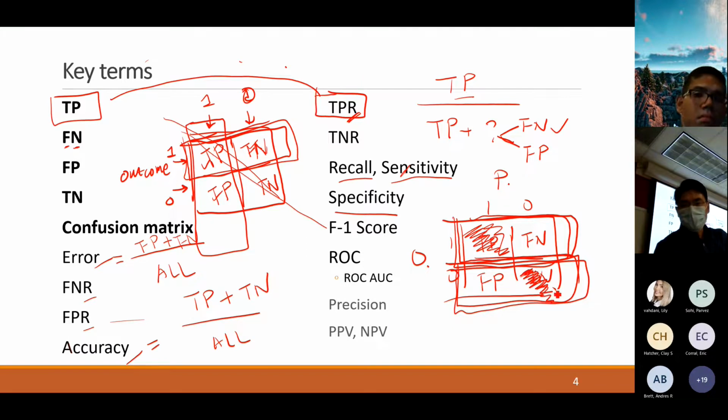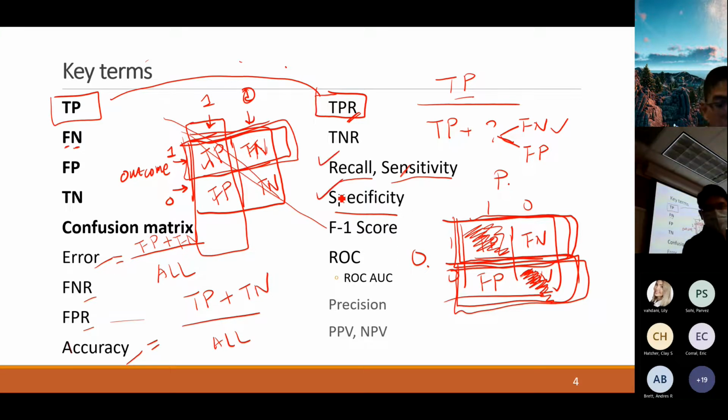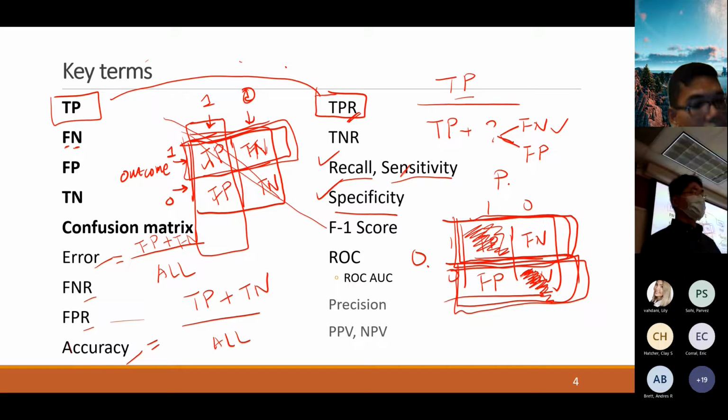So not only does the model have higher accuracy, if you look at true versus false, the model is also doing well on both the positive outcome and negative outcome. There really aren't any hidden aspects. So if you have high recall and specificity, the model is doing well.